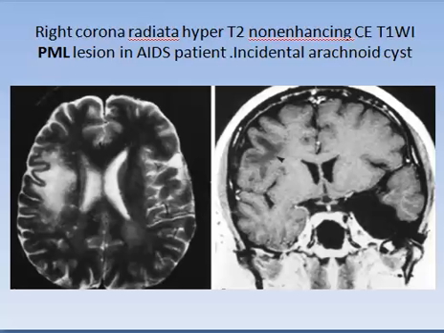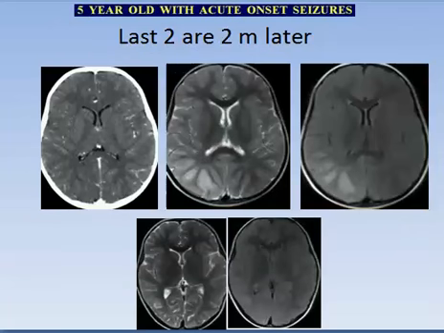Progressive multifocal leukoencephalopathy. Five years old with acute onset epilepsy. These last two are 2 months after.